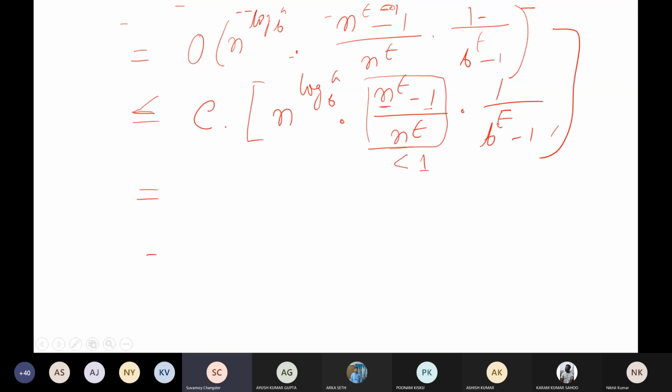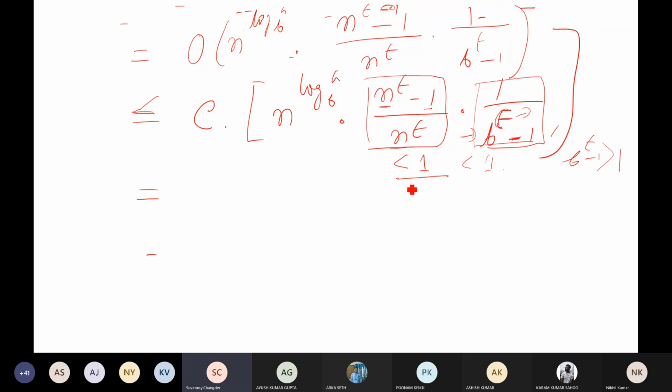And since b is positive, epsilon is positive, this is a constant, we can consider this as another constant which is greater than 1, because we can choose b and epsilon as large values. Therefore, b to the power epsilon minus 1 is greater than 1, and hence this value is also less than 1. This term is also less than 1.